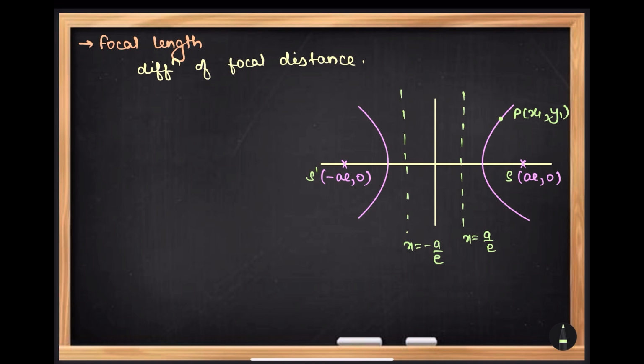Okay, now as you all know, whenever there is a requirement of finding focal distance, we will not use the distance formula. Rather we will use PS upon PM equals eccentricity, so PS equals e times PM.